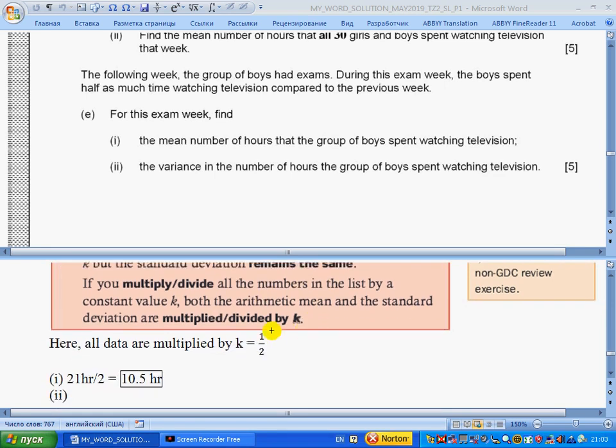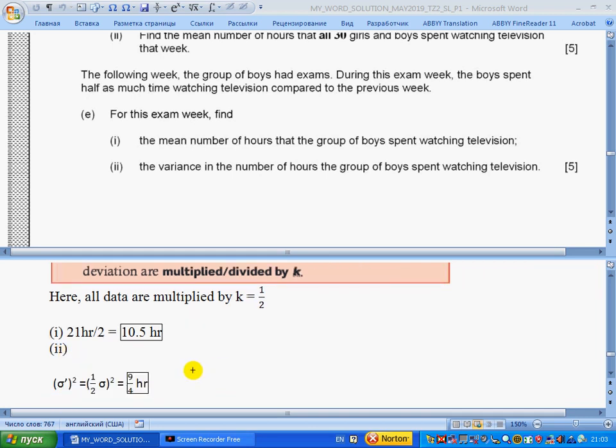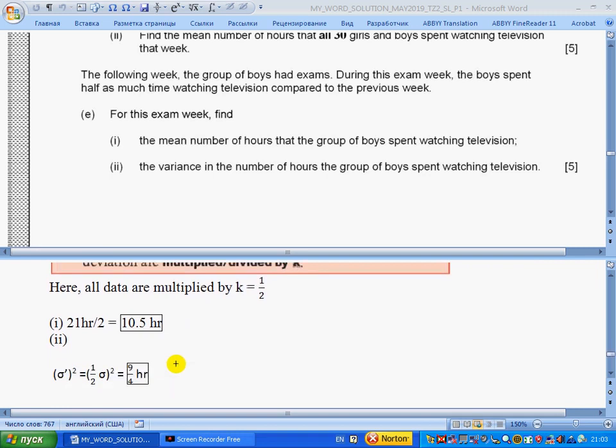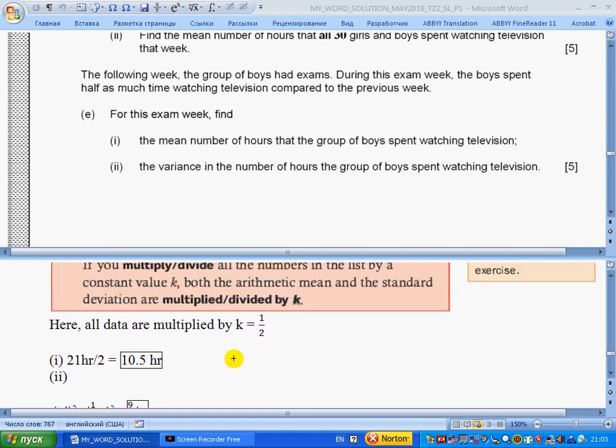Here, all data are multiplied by 1 over 2, or divided by 2 if you want. This is why the average will be divided by 2, and the standard deviation also will be divided by 2.